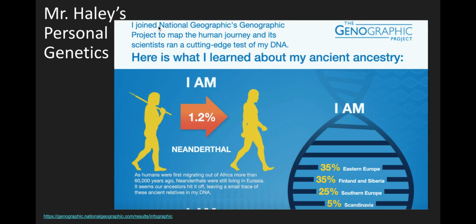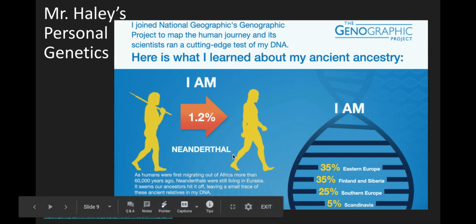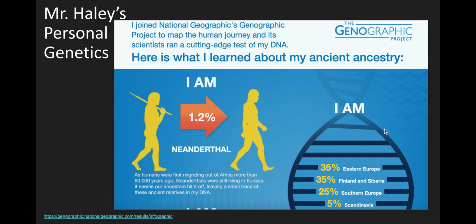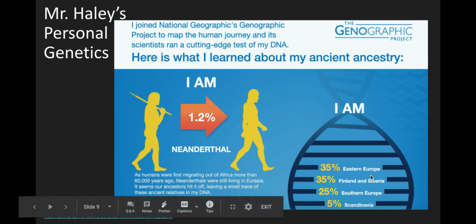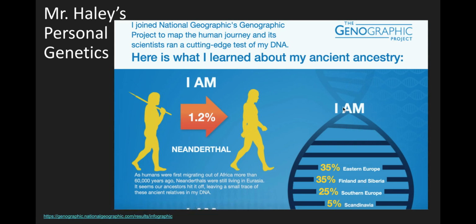They work with National Geographic. I took the DNA test, took a swab of my spit, sent it to them, and things that I can learn, I'm 1.2% Neanderthal. Other fun parts, they give you some cultural groups that you are related to. You can find Eastern European, Finnish, Southern European, and Scandinavian in my genetics.